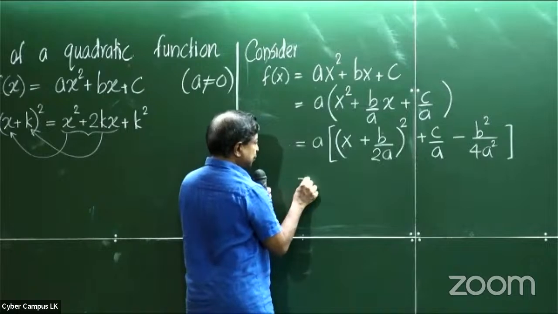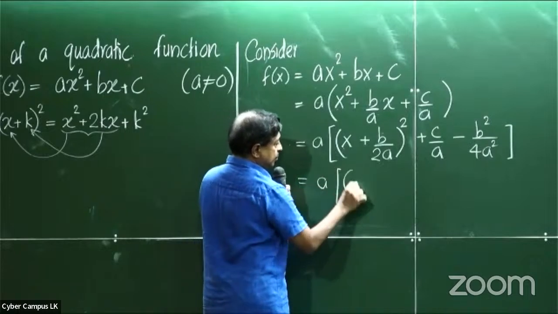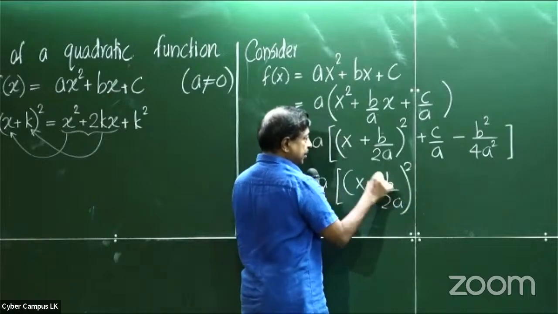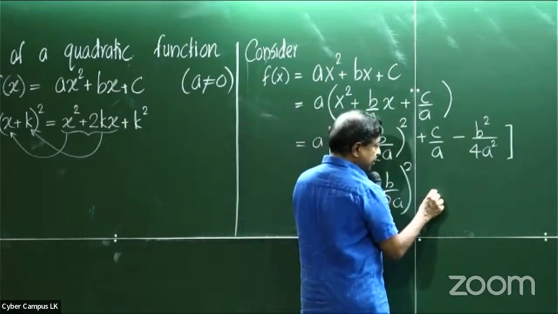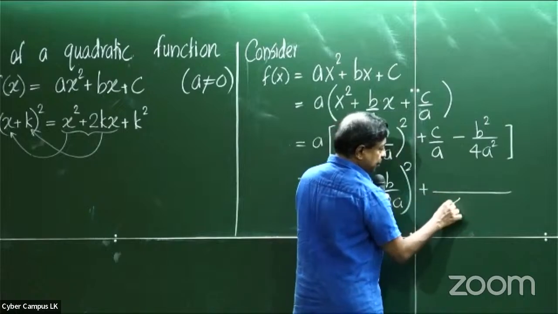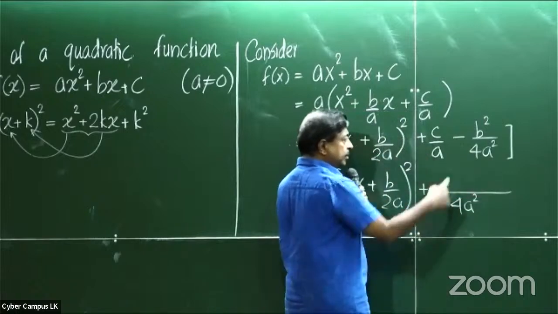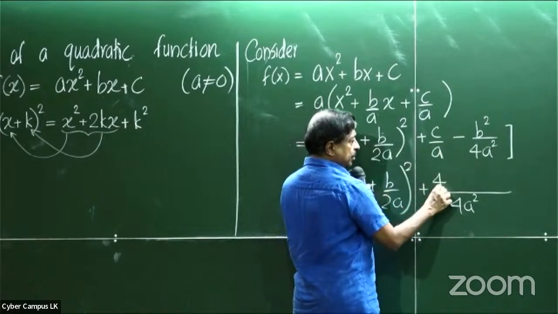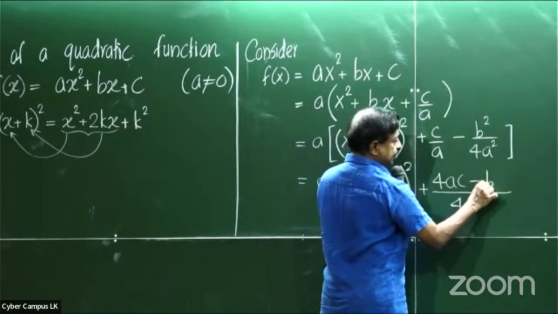Now you can combine those two. x appears only in one place. Take the common denominator, which is 4a squared. You multiply this guy by 4a to make it 4a squared. Do the same thing to the upstairs.